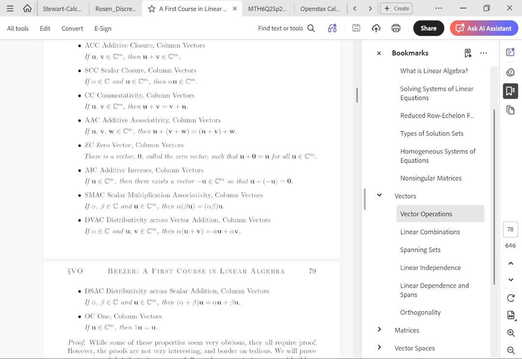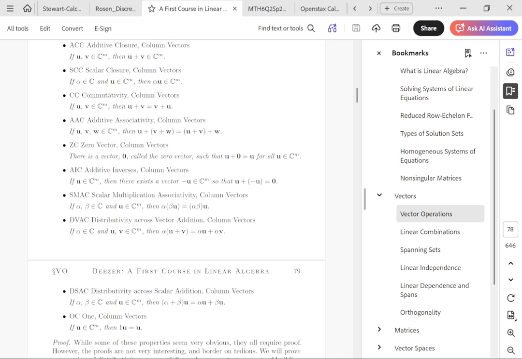So for instance, let's take a look here. I'm going to prove CC, the commutativity of column vectors. Let me switch over here.